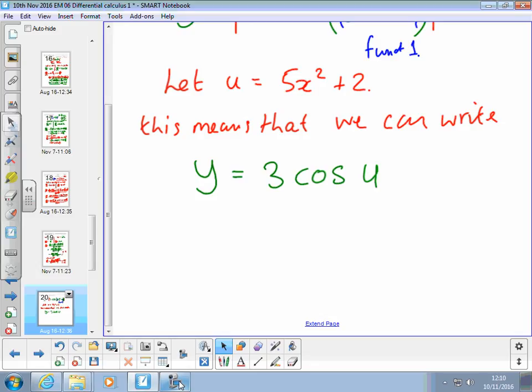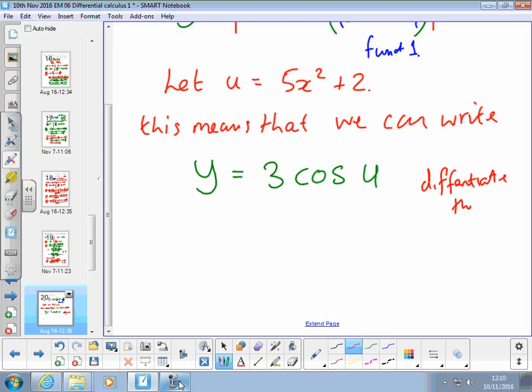Then differentiate. So we differentiate this.